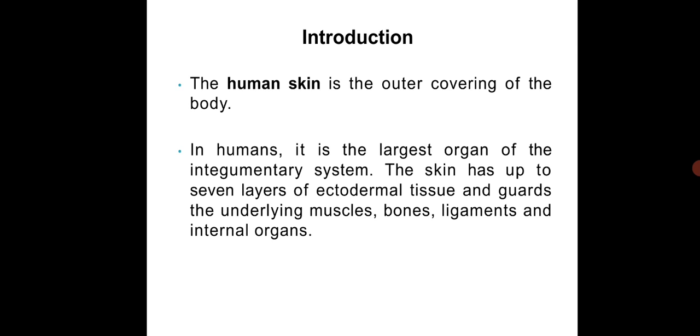In humans, this is the largest organ of the integumentary system. It has more than seven different layers of epidermal tissues which guard the muscles, bones, ligaments and the internal delicate organs which are made up of smooth muscle.